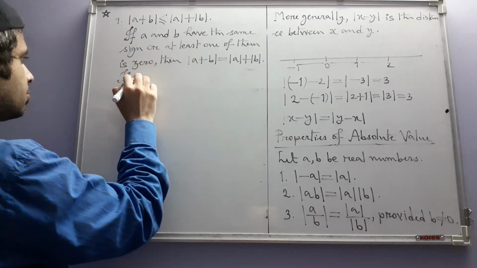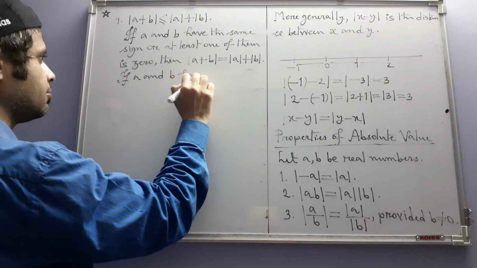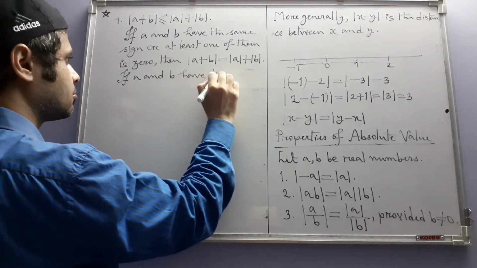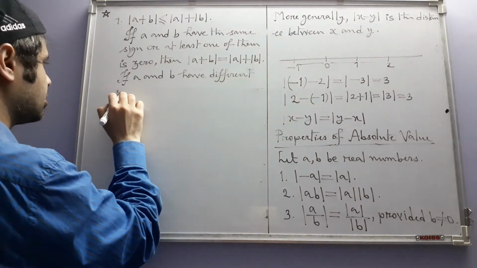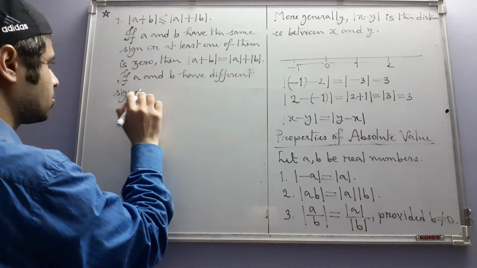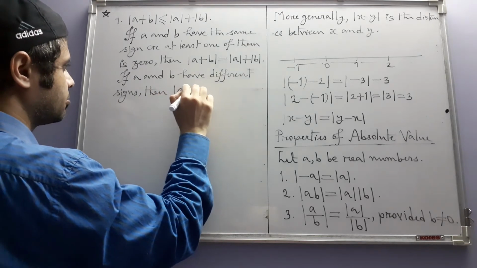If a and b have different signs, then we have strict inequality.